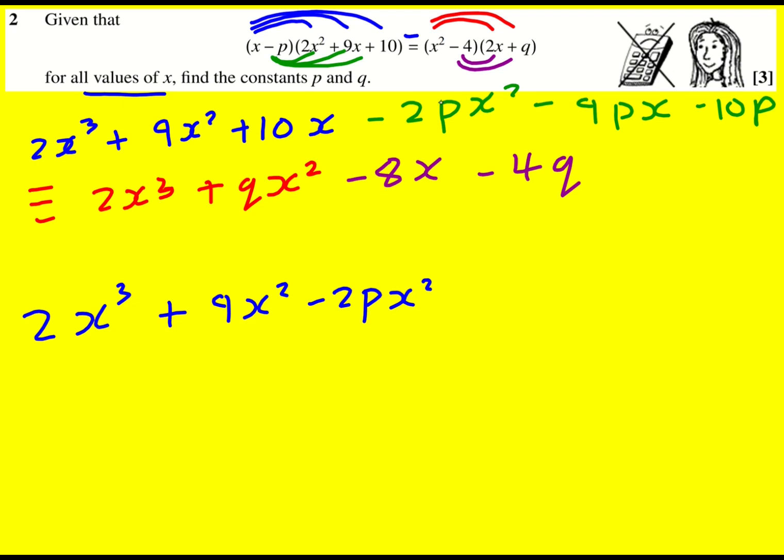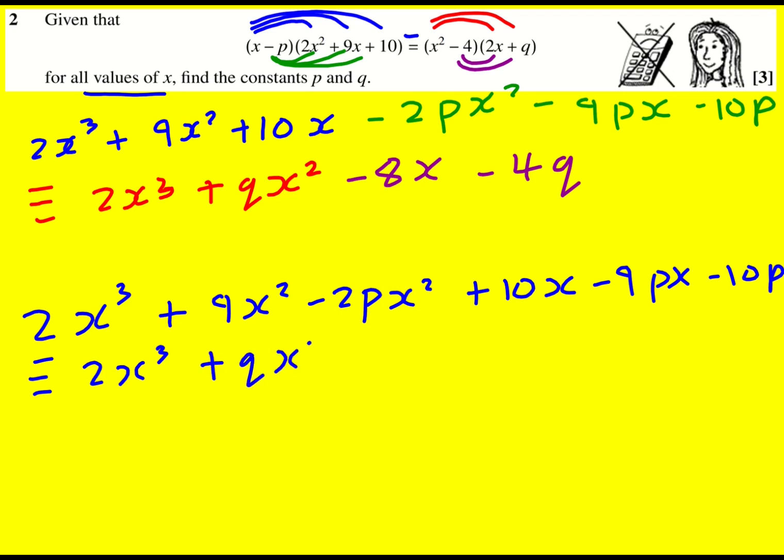I've brought them together because they're next to each other, plus 10x minus 9px minus 10p. And that's identical to 2x cubed plus qx squared minus 8x minus 4q.